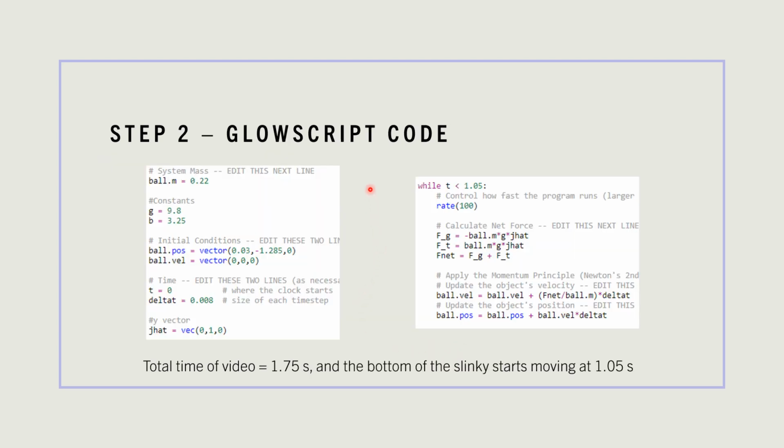So getting into the GlowScript code, over here on the left we see some conditions that we had just discussed: the mass, some constants, initial conditions, and our t and delta t. Then over here on the right, this is our first loop where we go through the forces acting on the center of mass before the slinky is collapsed.